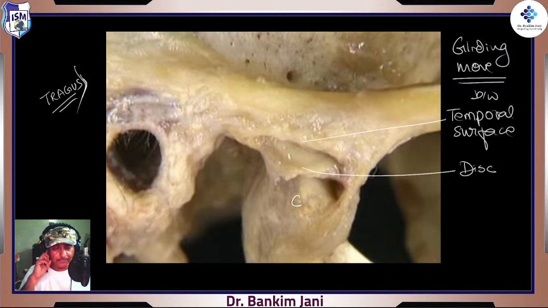And just in front of the tragus, put your finger and open and close your mouth. You'll be able to feel the movement of the condyle. So just in front of the tragus, feel it. Open and close, and you'll feel how the condyle actually moves.